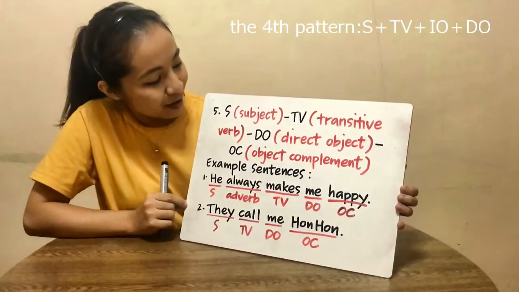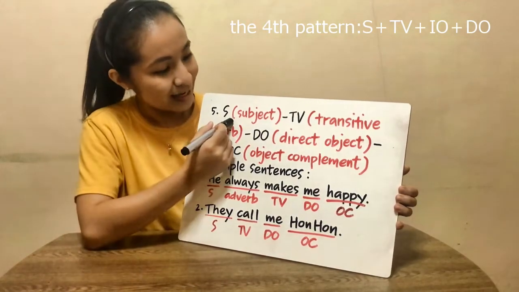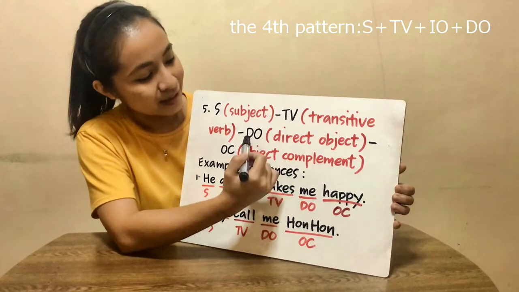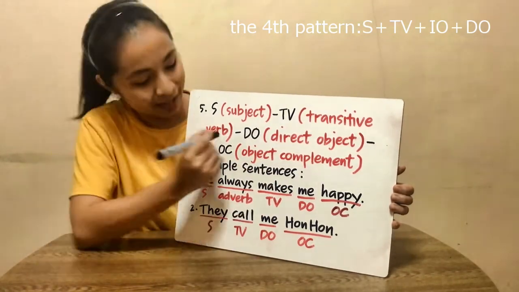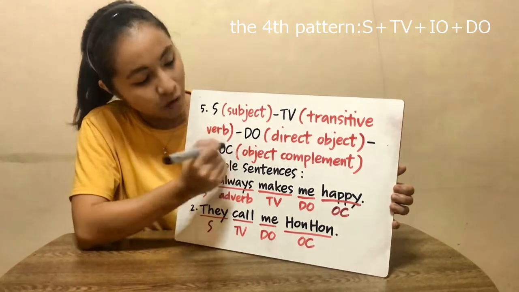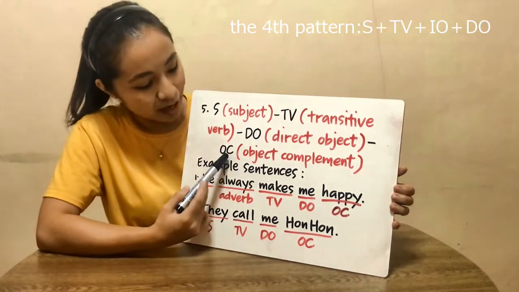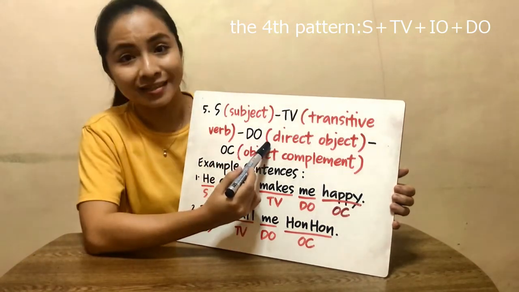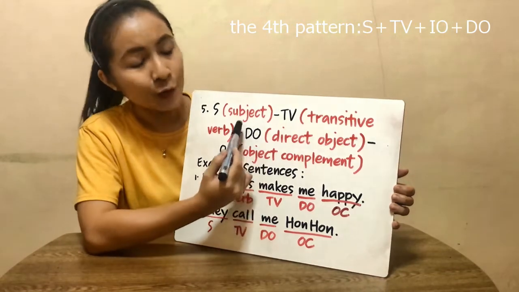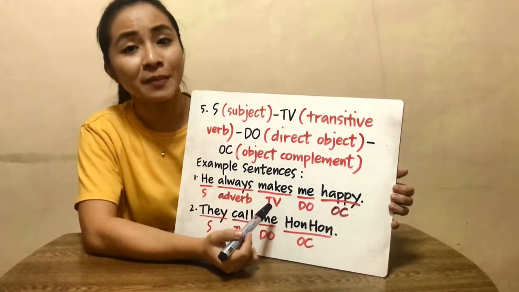So we're on the fifth pattern, which is S+TV+DO+OC. I'm going to explain the OC, or the object complement. So an object complement follows direct object or DO to rename it or state what it has become.